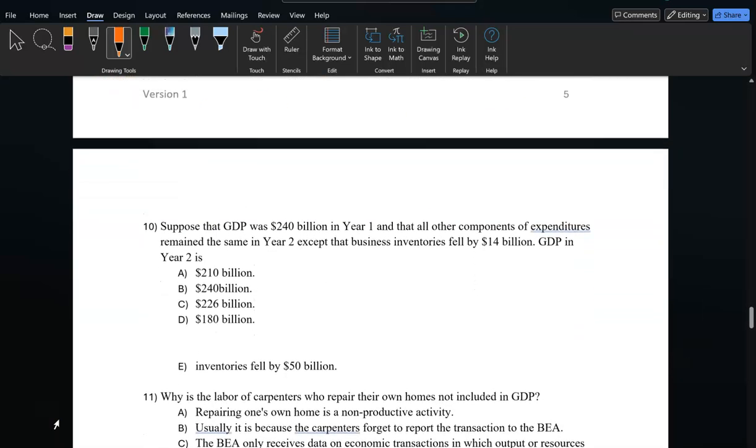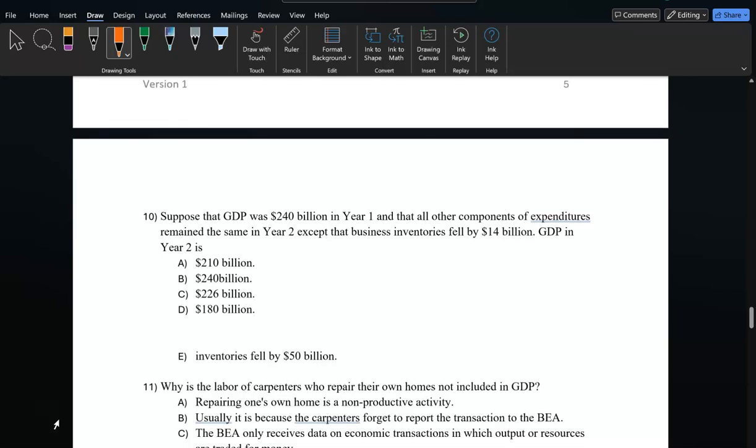Question number 10. The GDP was $240 billion in year 1. However, in year 2, the business inventories fell by $14 billion. So this means the economy sold $14 billion more of output than it produced that year.